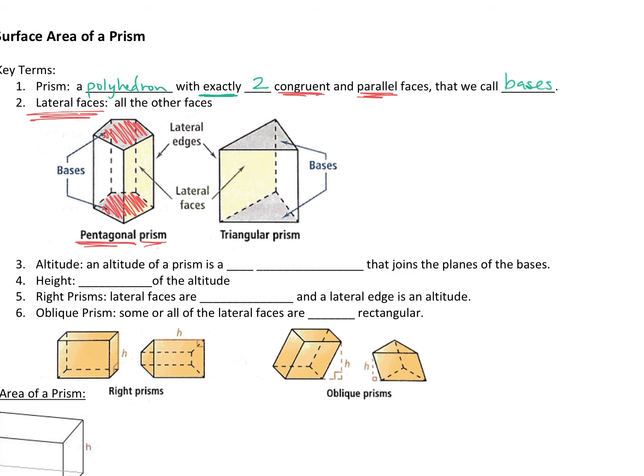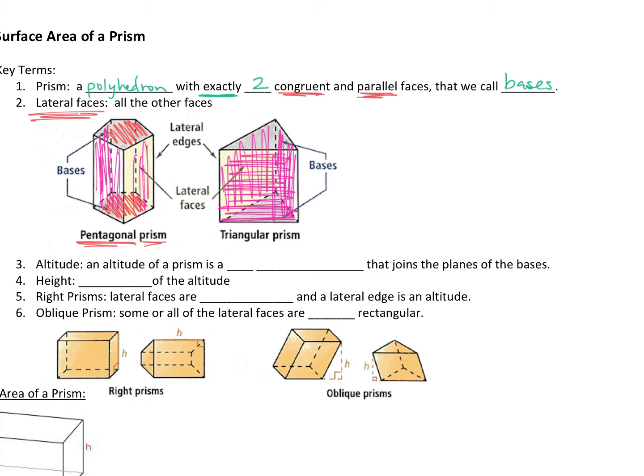Those are shaded for you in that yellow. Like this is a lateral face, this is a lateral face. In the back are lateral faces, okay? This here would be a lateral face, this here would be a lateral face, and then the front one, this rectangle here, those are all lateral faces, okay? So the ones that wrap around it are the lateral faces. The two that are identical and congruent are your bases.